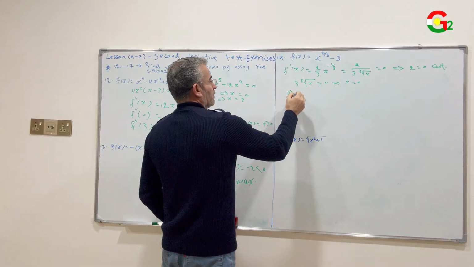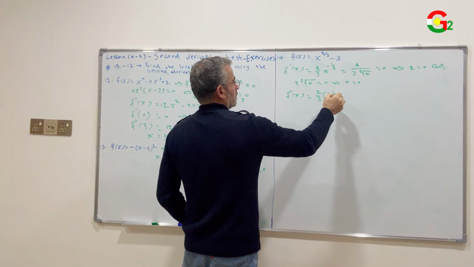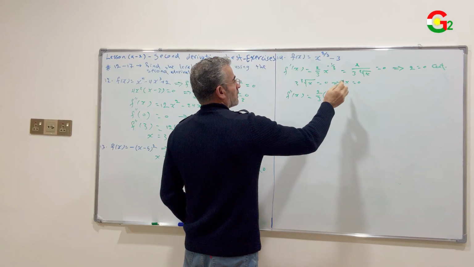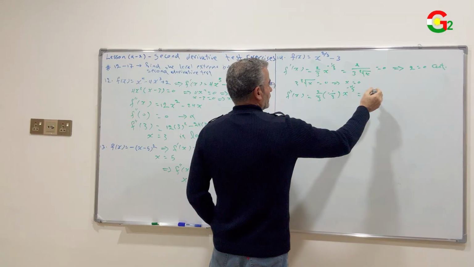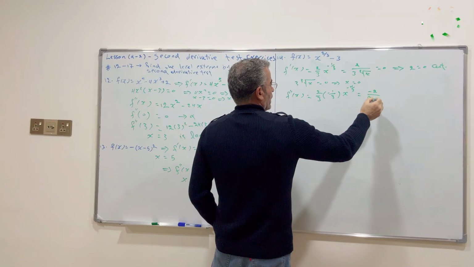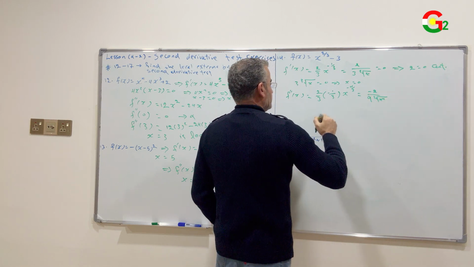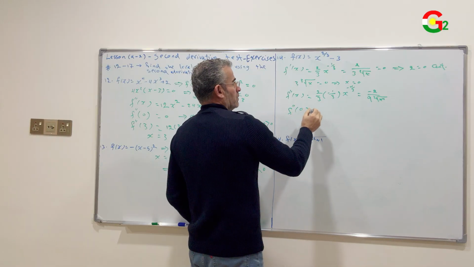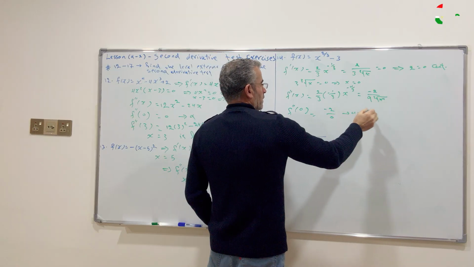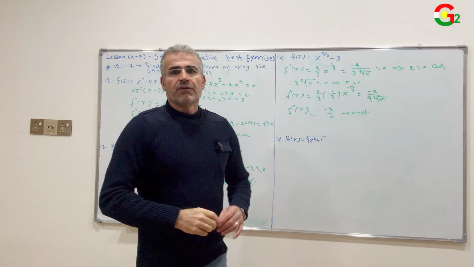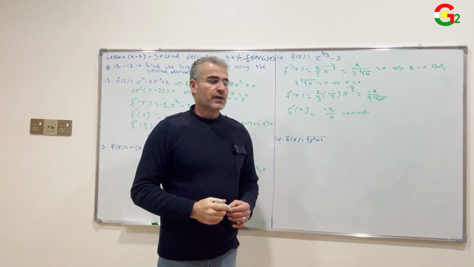Now find the second derivative of this function, 2 over 3 times negative 1 over 3 x to the negative 1 over 3 minus 1, negative 4 over 3, equal to negative 2 over 9 cube root of x to the power 4. f double prime of 0 at the critical point is negative 2 over 0, undefined, then the second derivative test fails to find the local extrema of this function.